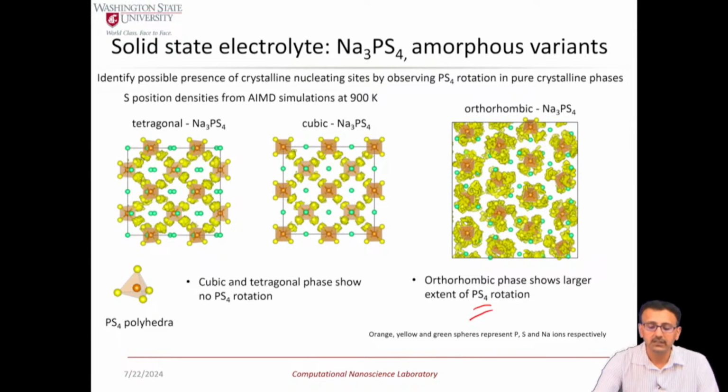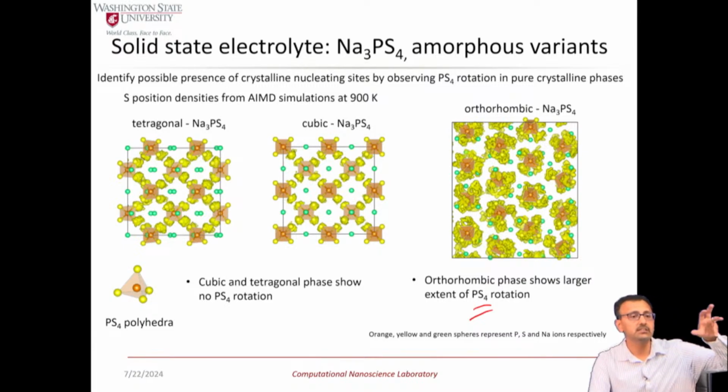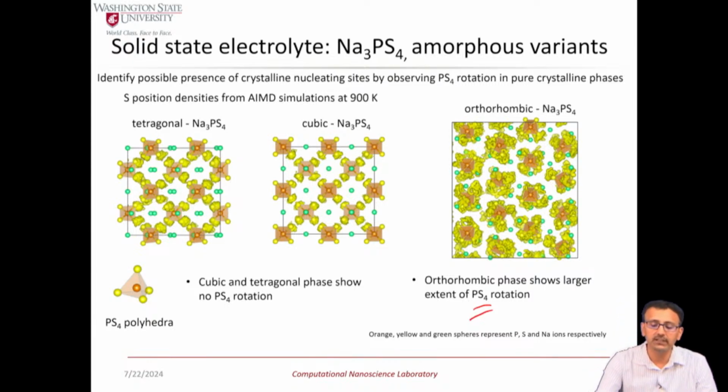The green dot is the sodium, the yellow is the sulfur, and the orange is the phosphorus. So, basically these PS4 tetrahedral units show rotational effects, which lead to, as I'll present in detail very soon, a very high ionic conductivity of the sodium ions, resulting in overall high ionic conductivity of these systems.